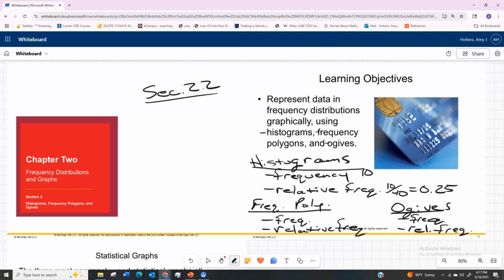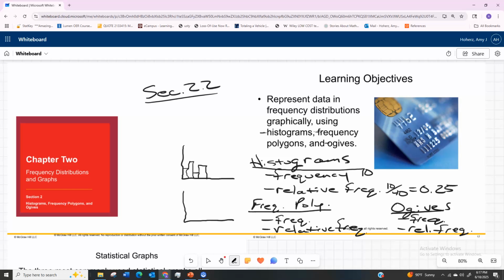Histograms are a specific type of bar graph, and they're going to look like a bar graph. They're going to have bars that represent the frequencies or the relative frequencies for the different classes. A frequency polygon is going to be a type of line graph.